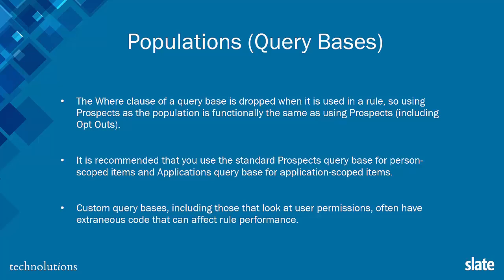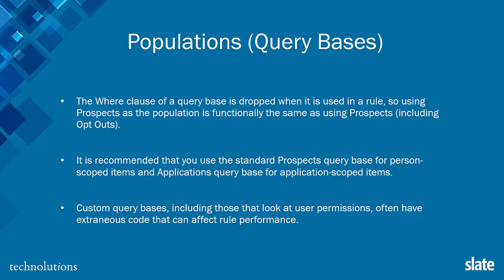Something very important to keep in mind is that the where clause on these query bases is dropped when it comes to building the rules. This basically means that your prospects query base is the same as your prospects including opt-outs query base, because the opt-outs tag is not being taken into account; it's just getting dropped.